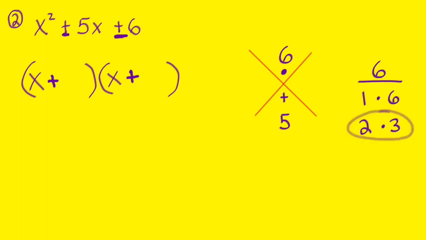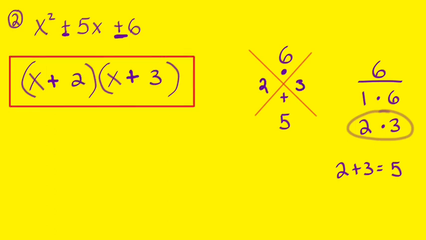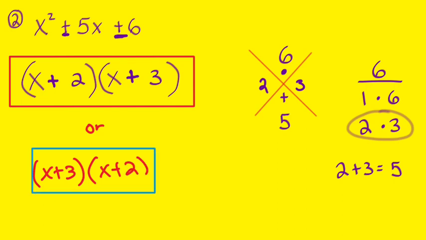So I know it's going to be 2 and 3, right? Yep. And it doesn't matter the order I put it in. I can place x plus 2 times x plus 3, or I could do x plus 3 times x plus 2.